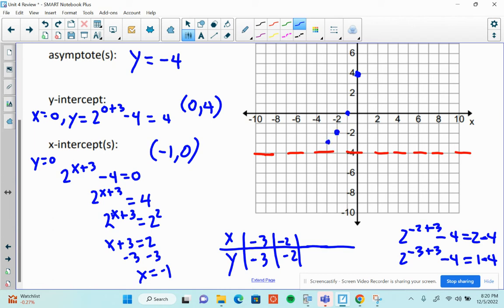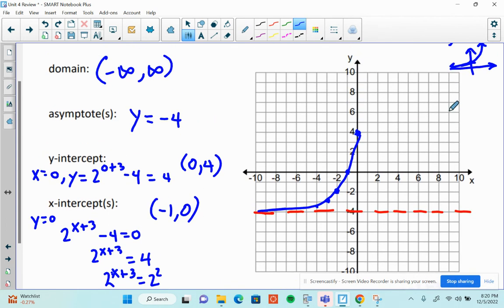And then we put in negative 4. We're going to get a half. You can check the math on that, but we will get a half. We're going to get really close to the line y equals negative 4. I'm going to change that just a little bit, clean that up.